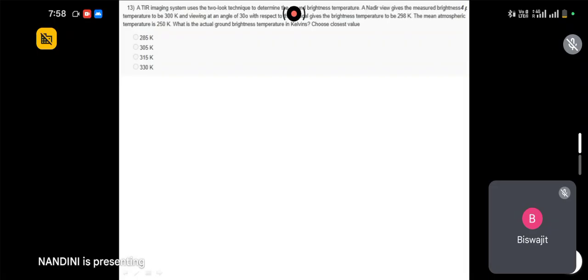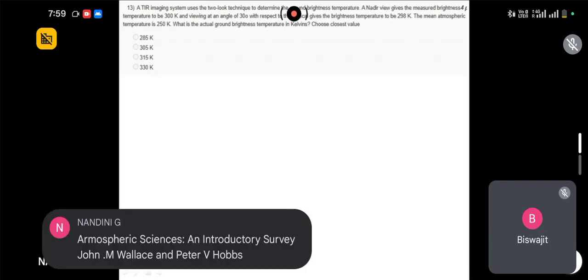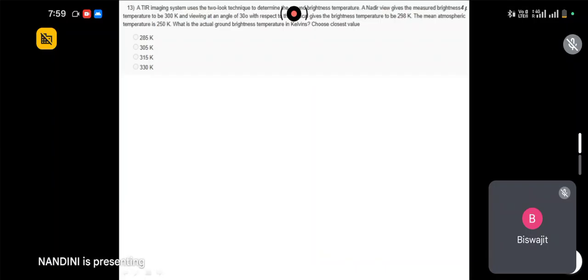Atmospheric Science, an introductory survey by John Michael Wallace and Peter V. Hobbs. And then Meteorology Today.